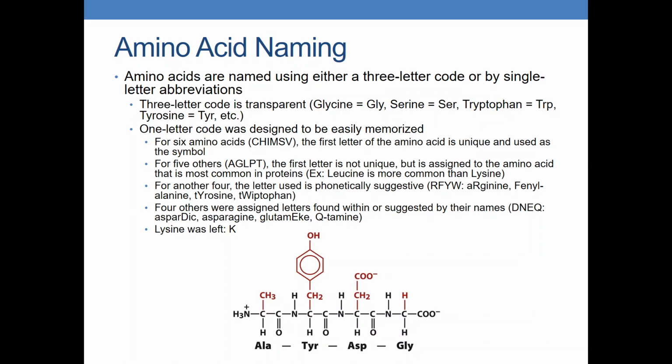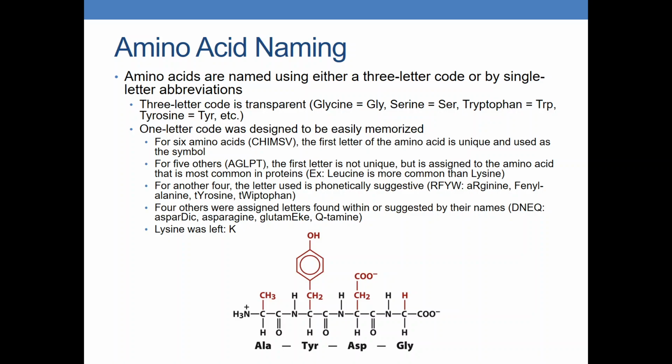And as it turns out, there are no other amino acids that start with those letters. So those 6 amino acids, we can just use the first letter of the amino acid, and there's no redundancy. We don't have to worry about any ambiguity of having 2 amino acids that both start with the same letter.